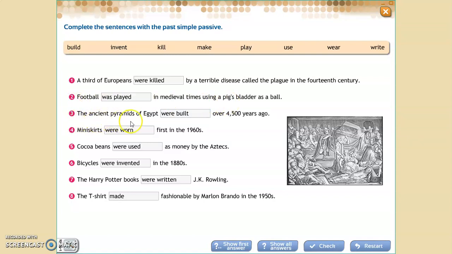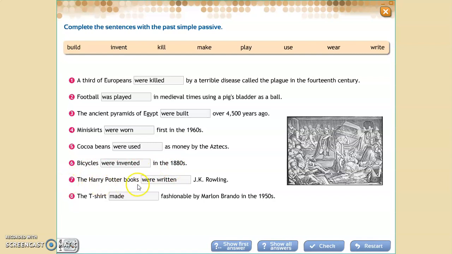The ancient pyramids of Egypt were built over 4,500 years ago. 4. Miniskirts were worn first in the 1960s. 5. Cocoa beans were used as money by the Aztecs. 6. Bicycles were invented in the 1880s.